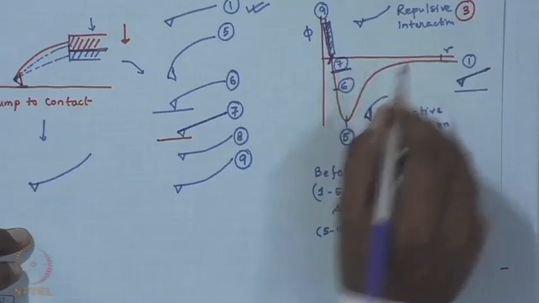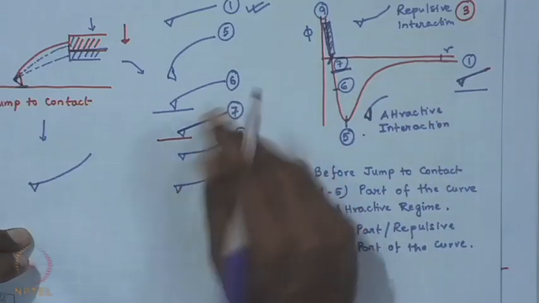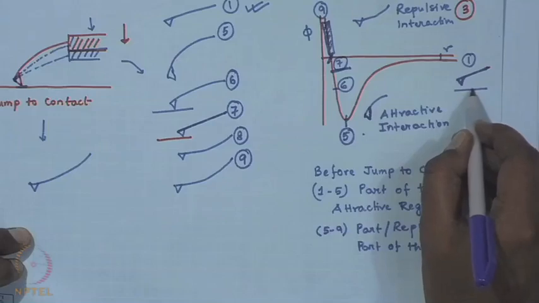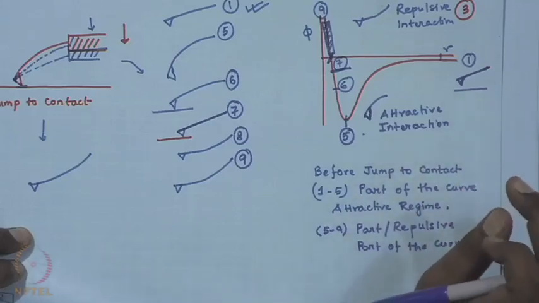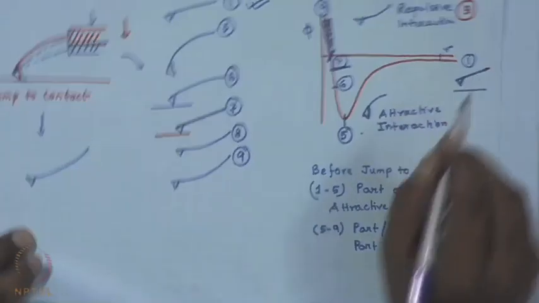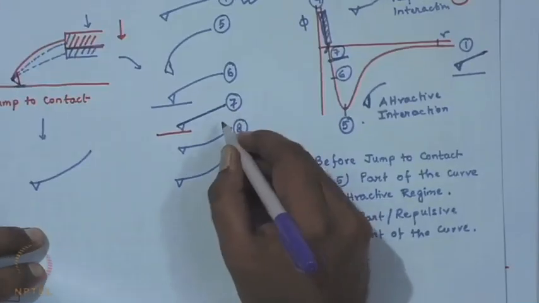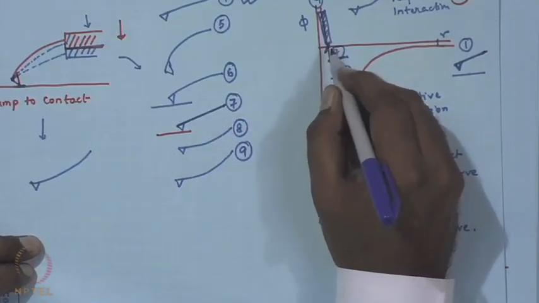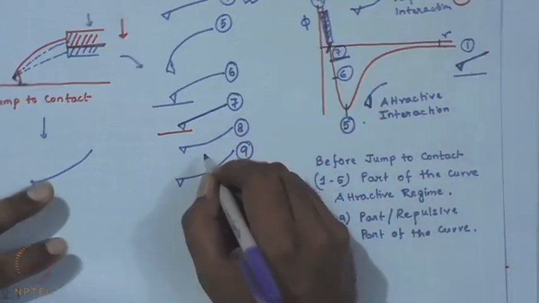All the way you must understand that at point 7 we again encounter a situation where the net deflection of the cantilever is 0, which is identical to the conformation of the cantilever after alignment. In other words, the laser that gets reflected again falls back on the center, and beyond point 7, if you push the cantilever further due to this approach, it is now in the repulsive regime.